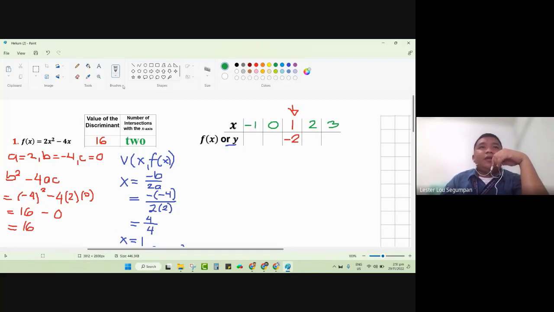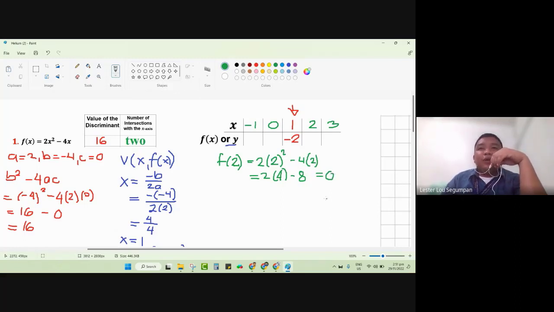To determine the remaining coordinates or points, we are going to substitute them one by one into our given function here. Let's start with x equal to 2. 2 times 2 squared, using the same given, minus 4 times 2, which gives us the value of 2 times 4 minus 8, which is actually 0.